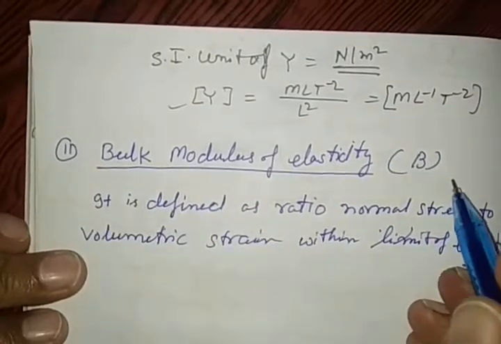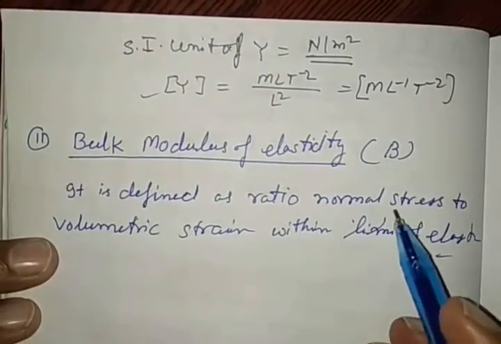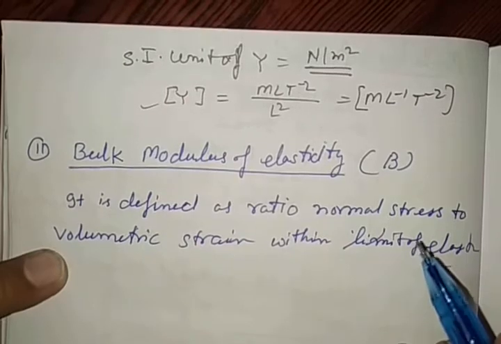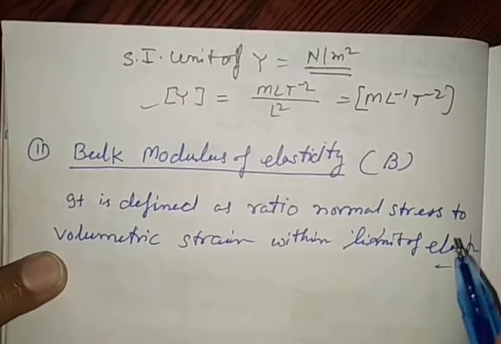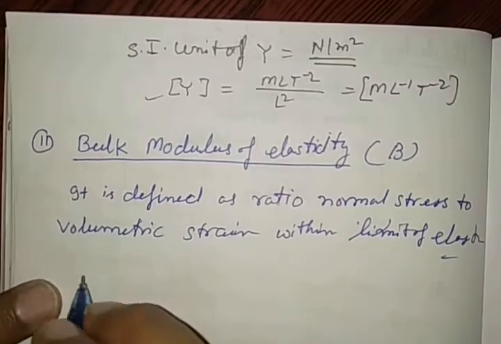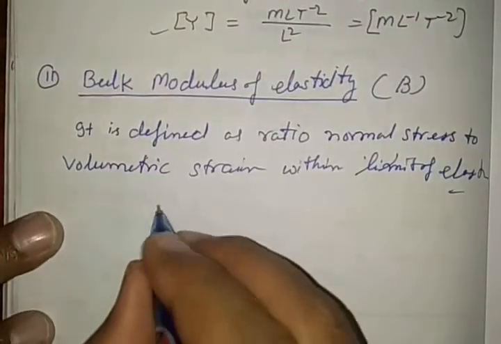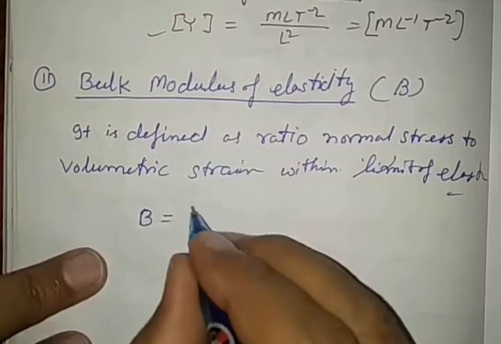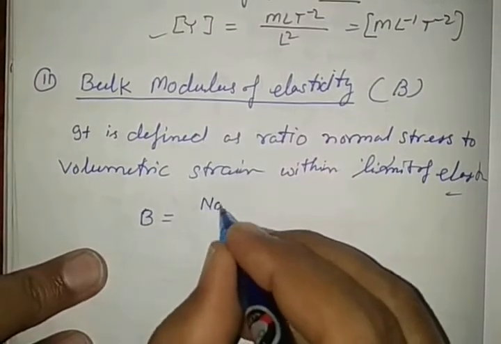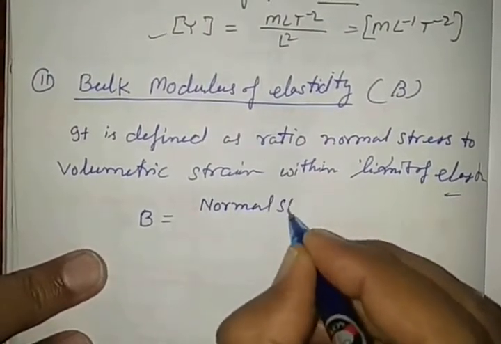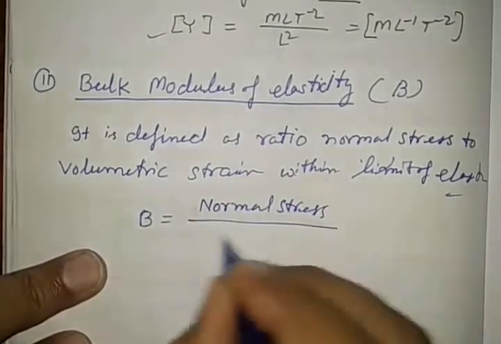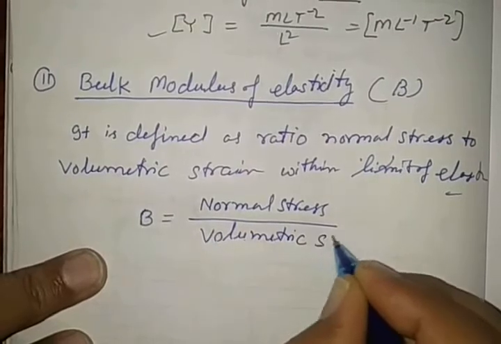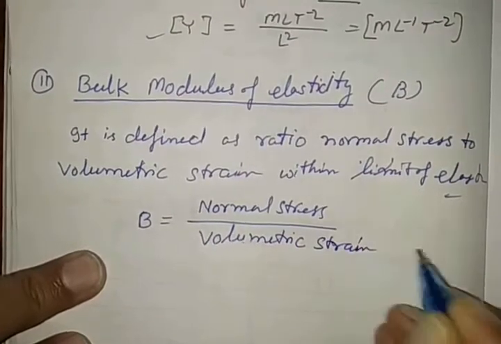Bulk modulus we obtain when there is change in volume on applying the stress on the body or applying the deforming force on the body. So we may write bulk modulus of elasticity denoted by B. It is given by the formula normal stress to volumetric strain.